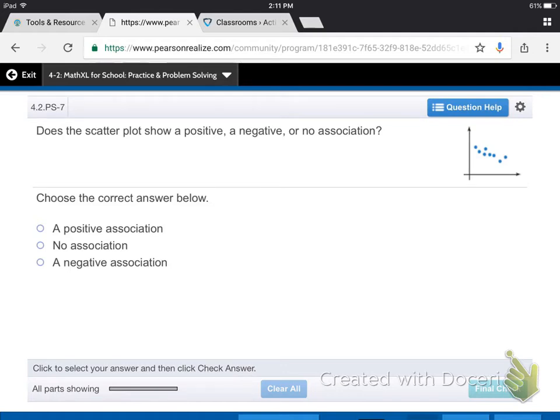We're looking at the first problem here, and it says, does the scatter plot show a positive, a negative, or no association? Now remember, we went over what a trend line was in our AVID note-taking session at the beginning of class. A trend line shows the pattern in the data.